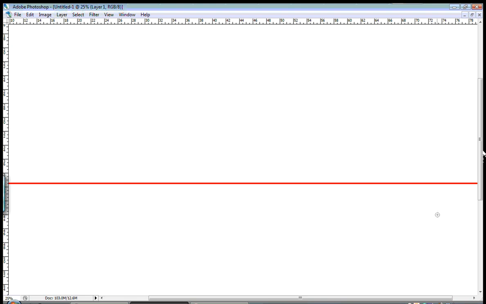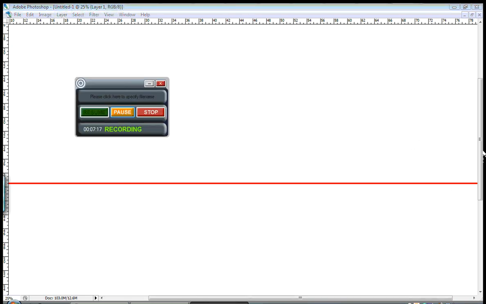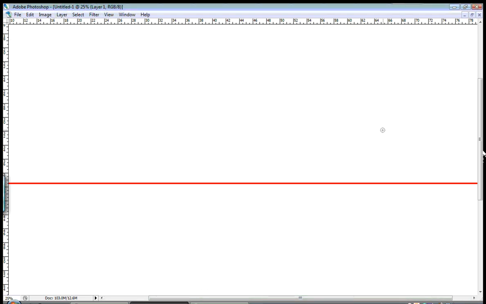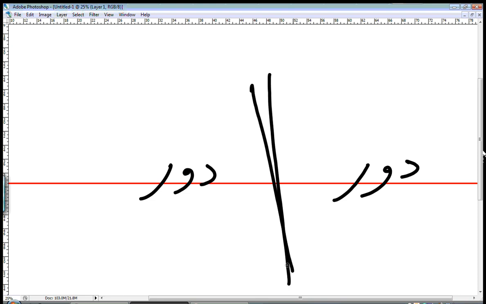Let me take a special case that you should know, before I run out of time. How can you tell the difference between a letter that is used for stretching and an original letter? We have these two words, and we have the waw here. Is this waw a stretching letter, or is it a normal waw?